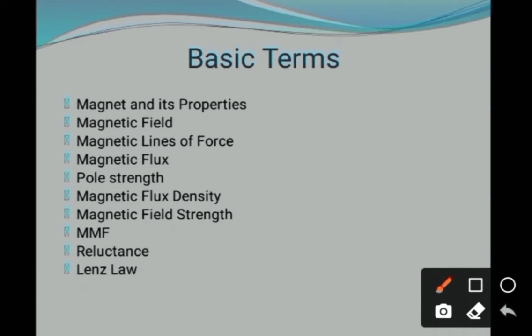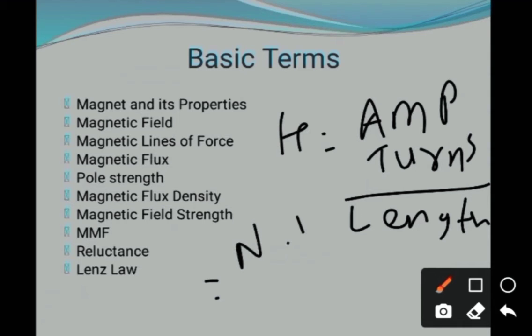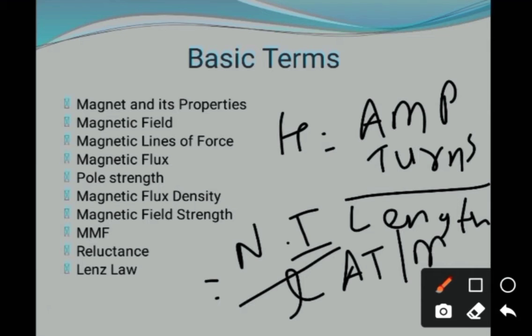Magnetic field strength is mathematically expressed as H is equal to ampere turns divided by length. It is mathematically expressed as N multiplied by I divided by L. The unit of magnetic field strength is ampere turn per meter.